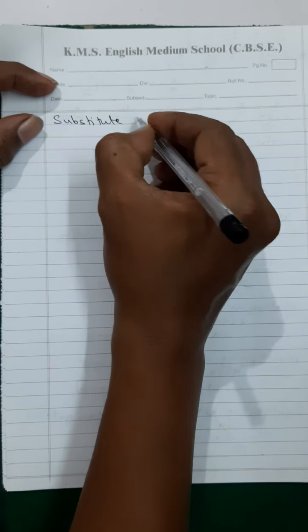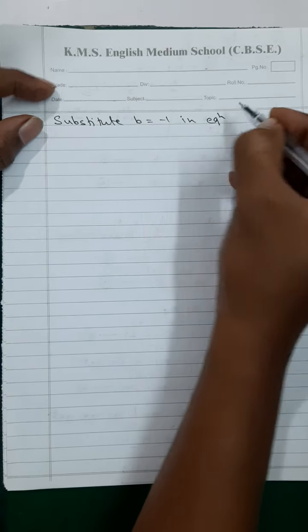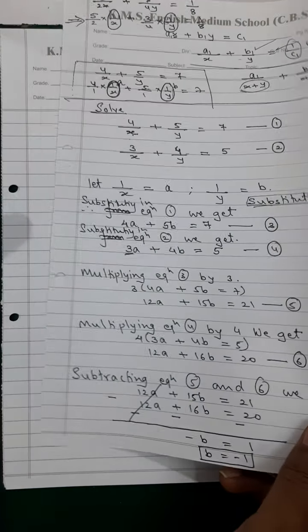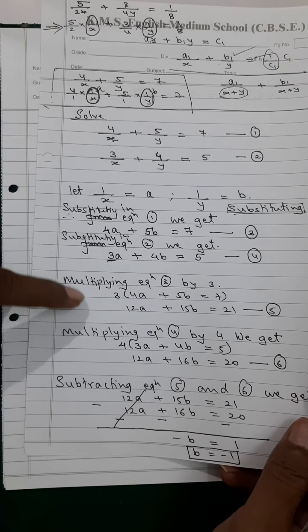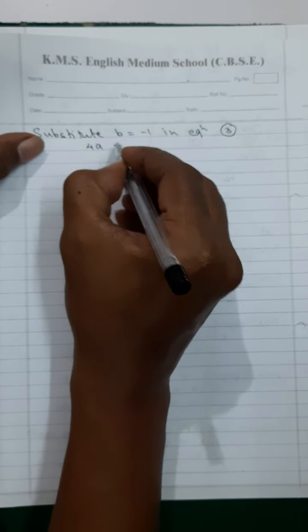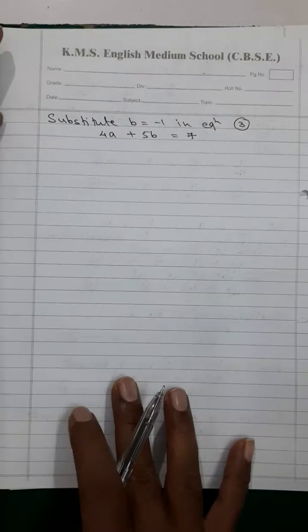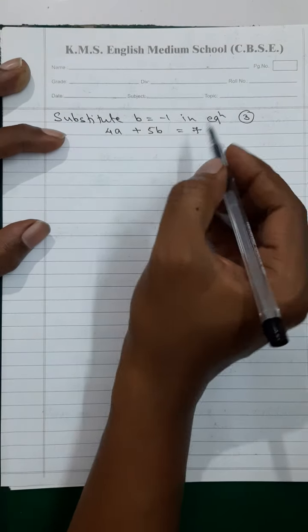So now if I consider, of course I will have to substitute. If any of these equations, I will have to substitute in equation 3, 4a plus 5b. If I go for this, b is equal to minus 1.